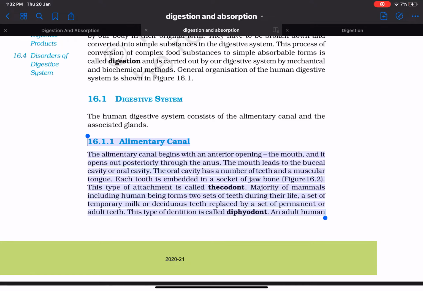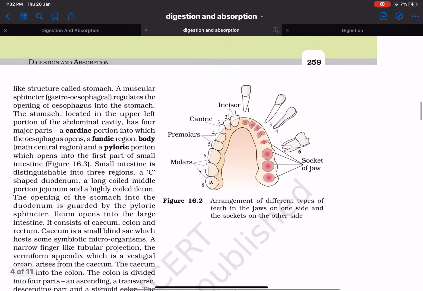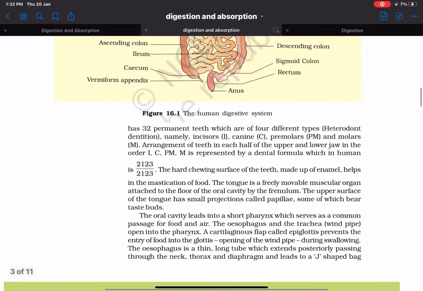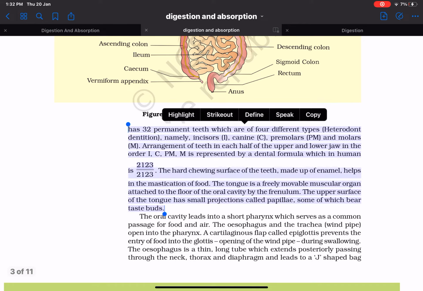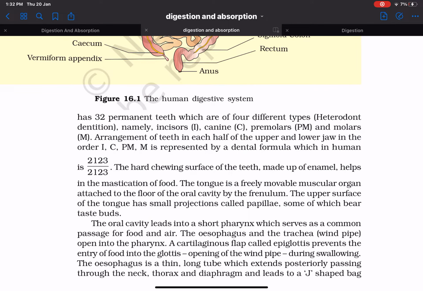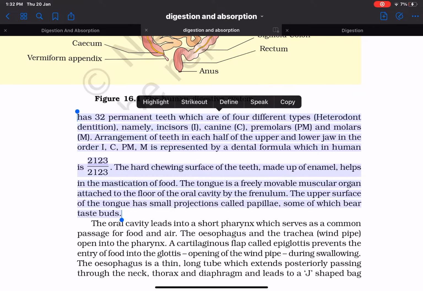An adult human has 32 permanent teeth, which are of 4 different types, heterodont dentition, namely incisors I, canine C, premolars PM and molars M. The arrangement of teeth in each half of the upper and lower jaw in the order I, C, PM, M is represented by a dental formula, which in human is 2123 over 2123.